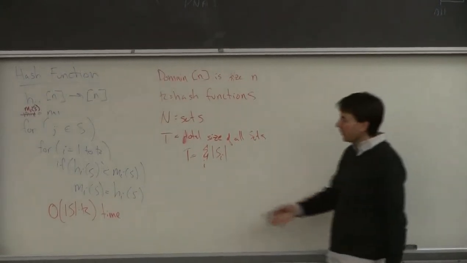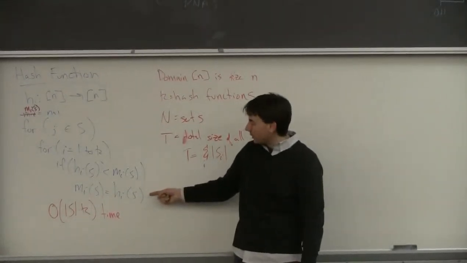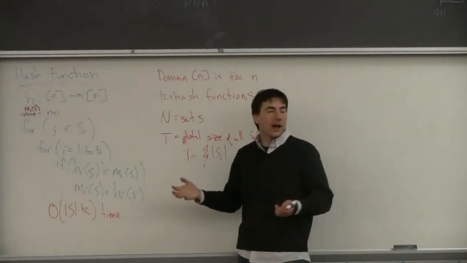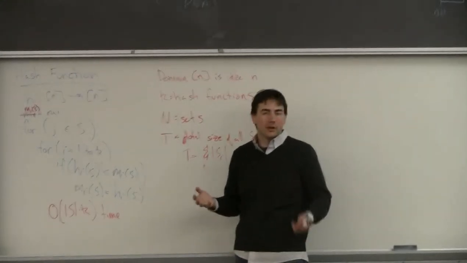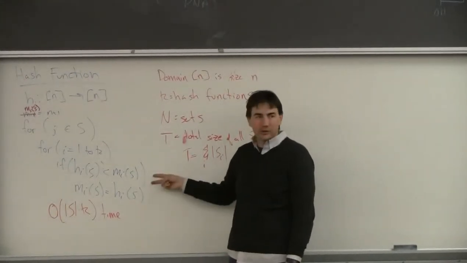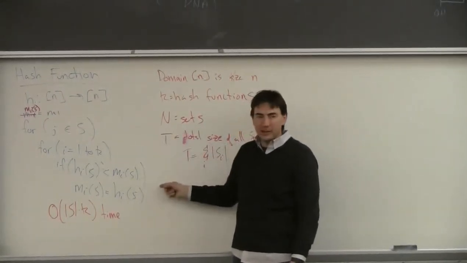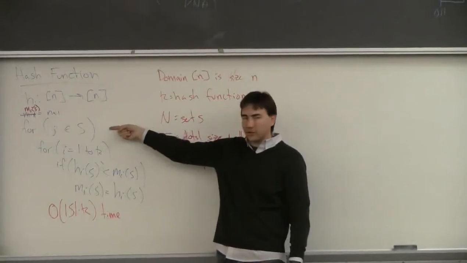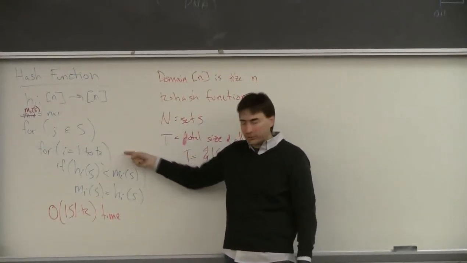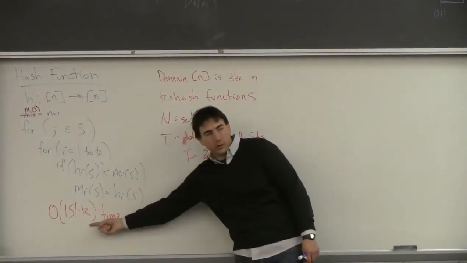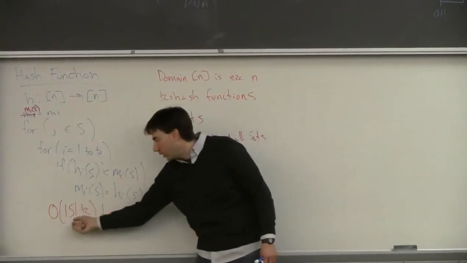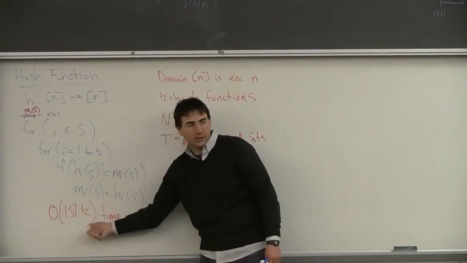This if statement and this assignment take some amount of time that depends on constants particular to the computer I'm running it on. But if I run this algorithm on any computer, as the size of the set grows or as k grows, it's going to grow with this order. So this is a big O of the size of s times k.